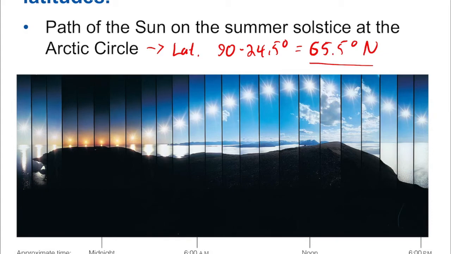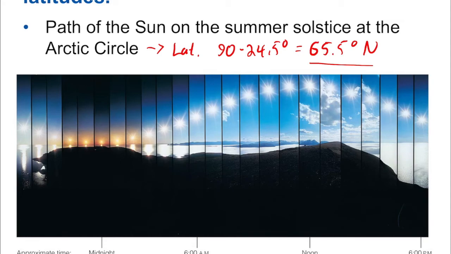So the reason that information tells me that it must be 65.5 is I have to imagine a point where the planet's tilted just enough so that the sun, being shined on the planet, can just touch that point that lies on the Arctic Circle. And here we have a day, that one day where the sun never sets in the Arctic Circle.